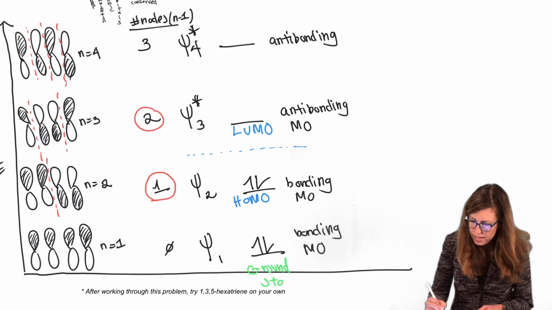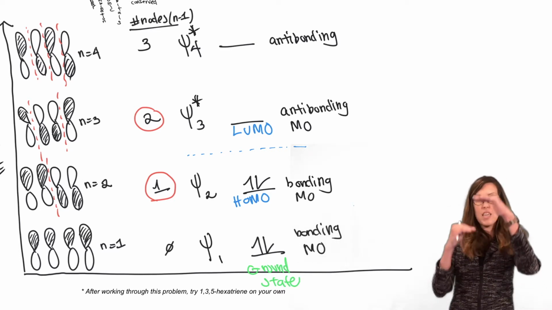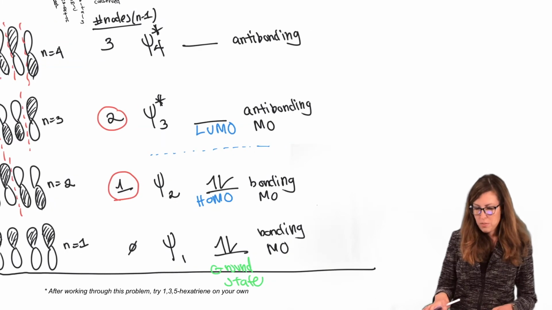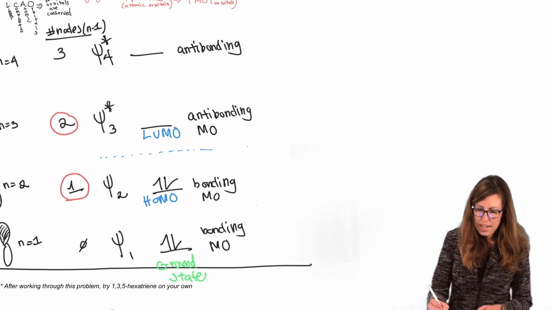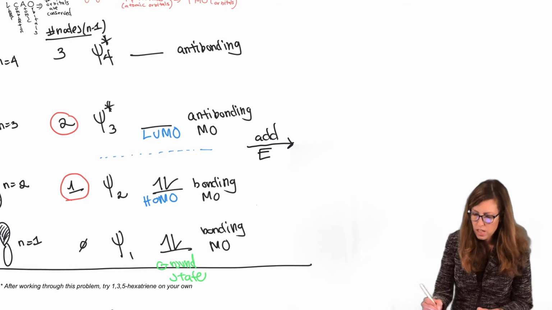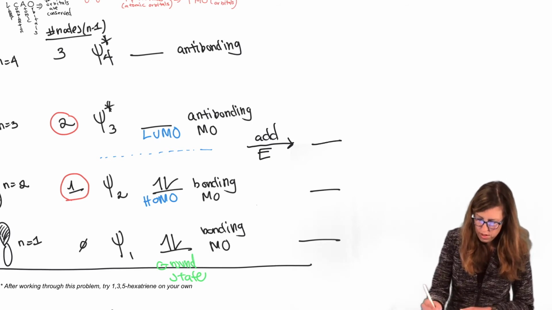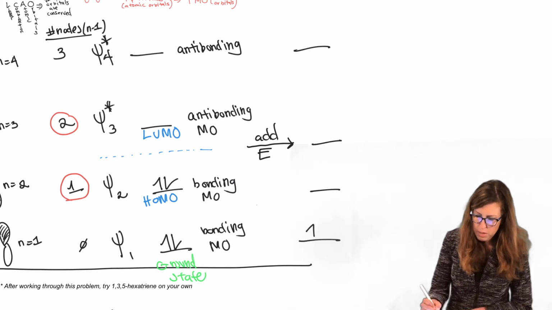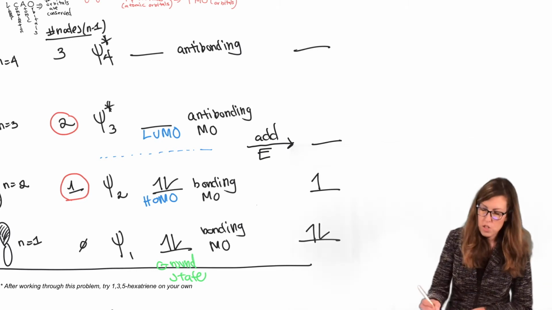What would an excited state look like and what would it need? It would be exactly the same energy alignment, but we would have to add energy to change where the electrons are. So we'd have the same energy levels, and that means we'd be able to promote an electron out of the HOMO into the LUMO.